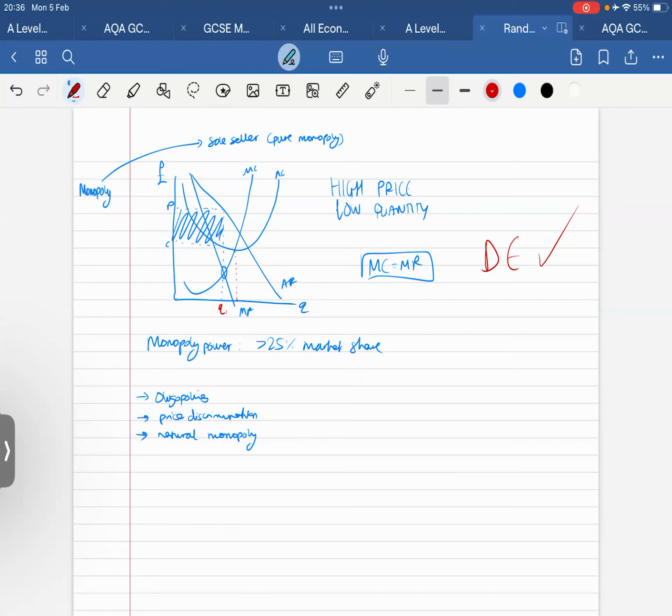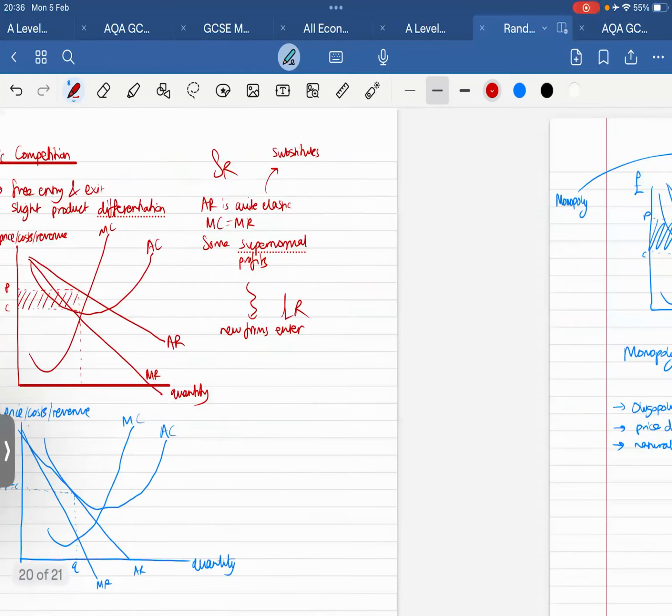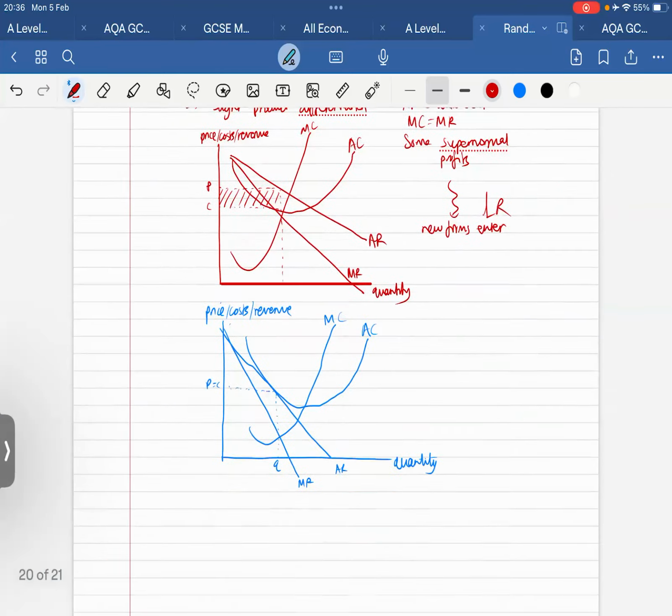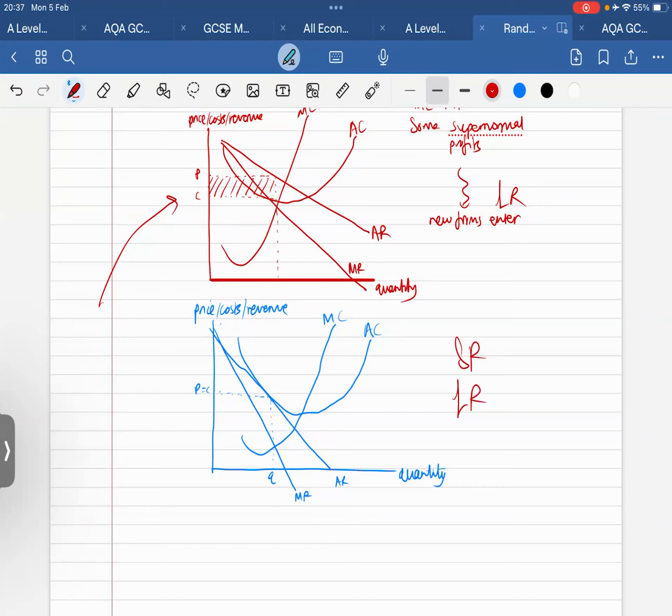Perfect competition and monopolistic competition are not dynamically efficient. They only make supernormal profits in the short run. One weird thing about monopolistic competition is that they're not dynamically efficient.